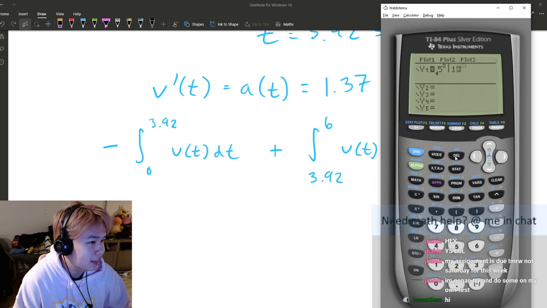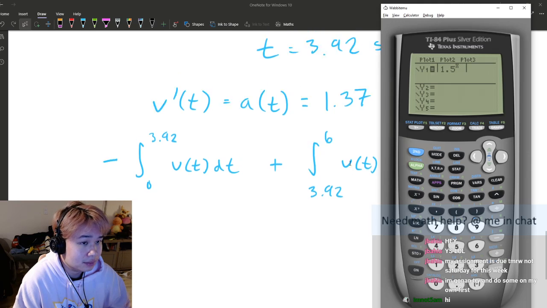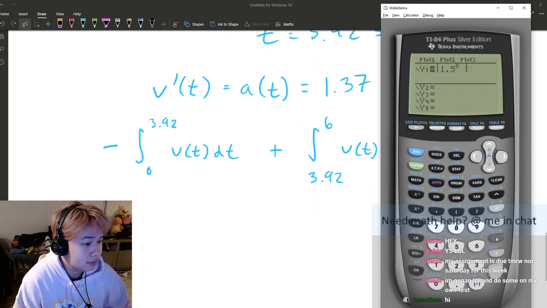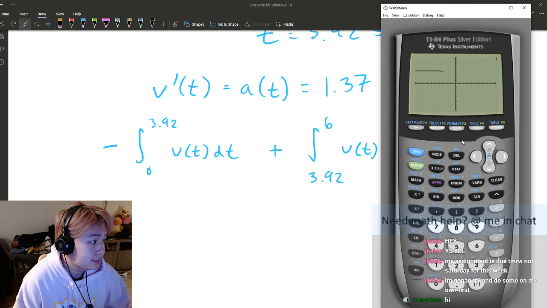And this is not necessarily something that you guys need to know as SL students. But what I've done is I'm going to graph the absolute value of my velocity function. And the reason why is this is the exact same area as the normal one that goes underneath, but now it's positive, so that I can just do a straight up integral from 0 to 6.